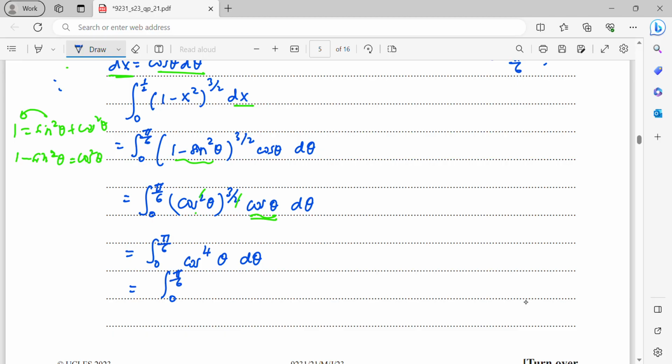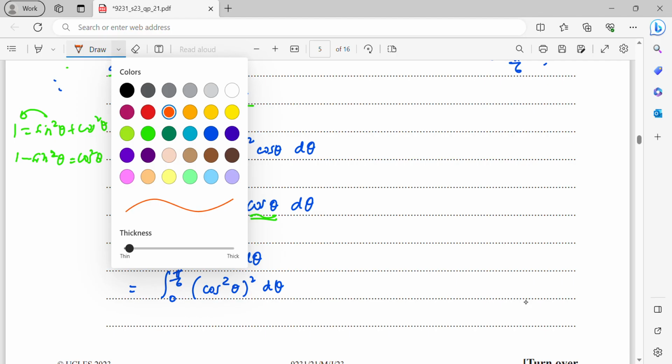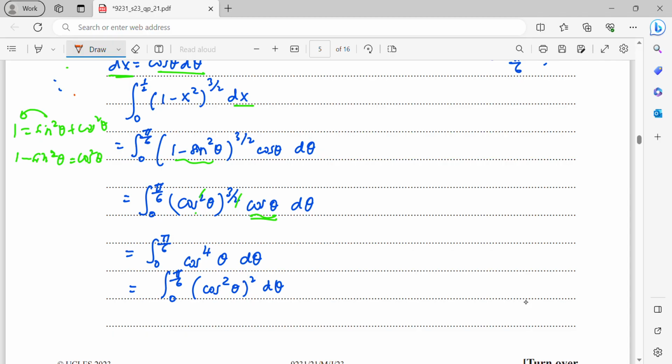So for degree 4 of cos theta, I will change to cos squared theta, then another squared outside. And then for your information, to integrate cos squared or sine squared, you need to refer to the cos 2a formula.